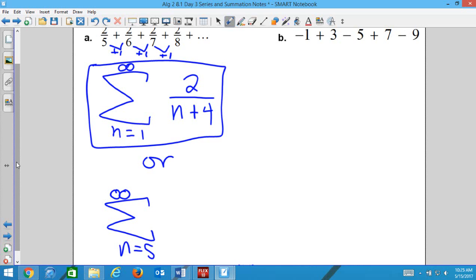So if your first input number is 5, it's going to be like 2 over n. If you input 6, then it'll be 2 over 6. If you input 7, then it'll be 2 over 7. So he just started inputting at a different number. You can do it, but that might confuse some of you more.